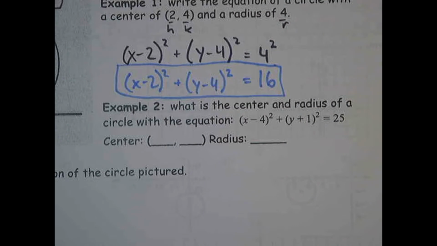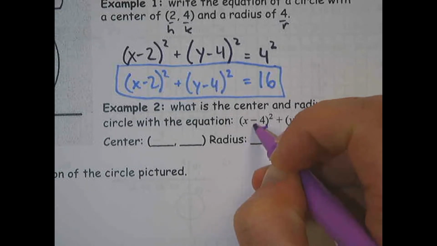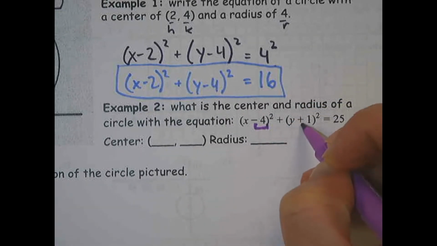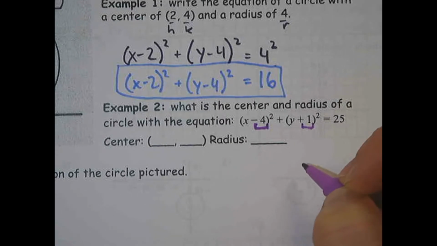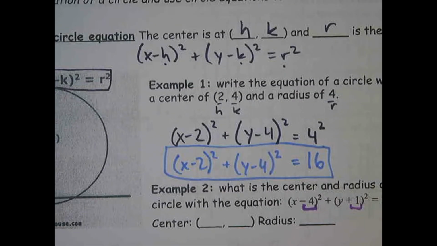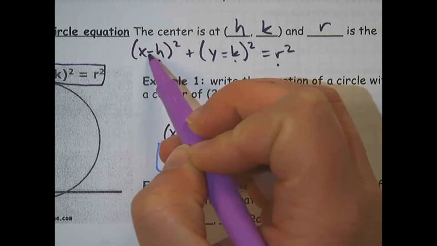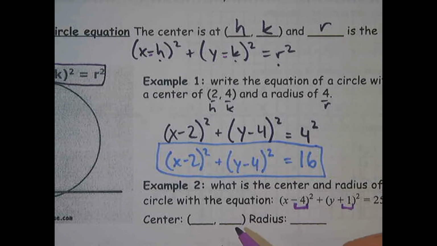For this one, my center (h, k), remember, this would be my x value, this would be my y value. But if you notice up here with our standard form, there's a minus for both of those.